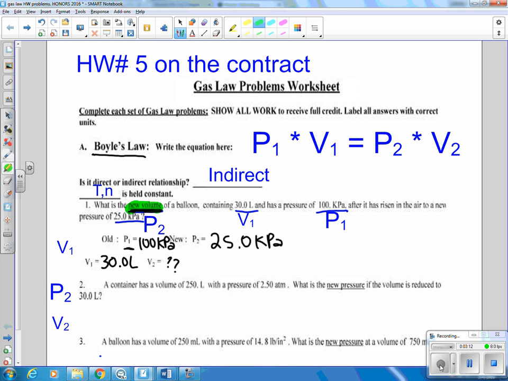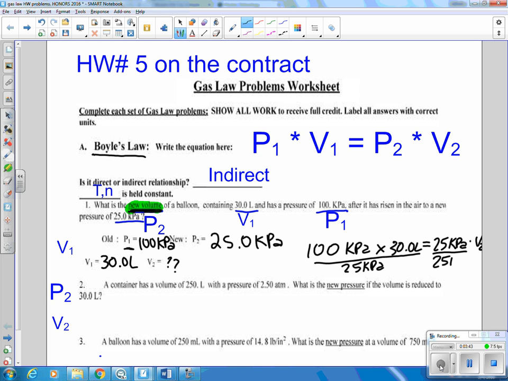So you're going to put your P1 first, 100 kPa, times the 30 liters. You're going to set that equal to the 25 kPa times V2. When you do this, you're going to solve for V2 by dividing both sides by 25 kPa, and you'll find that these cancel out.